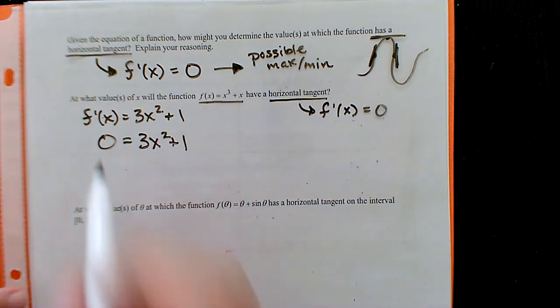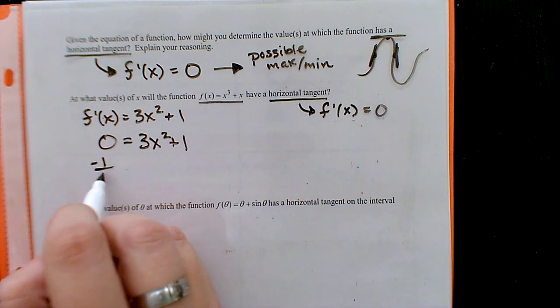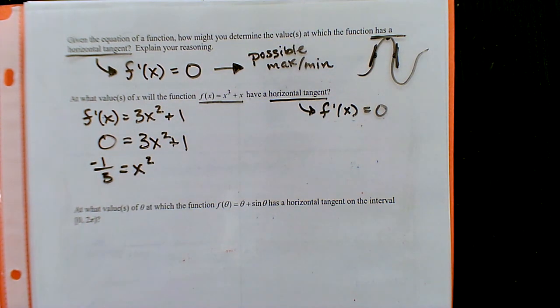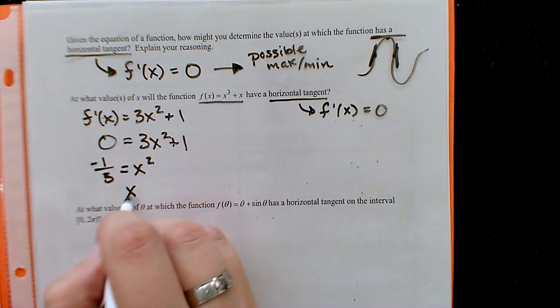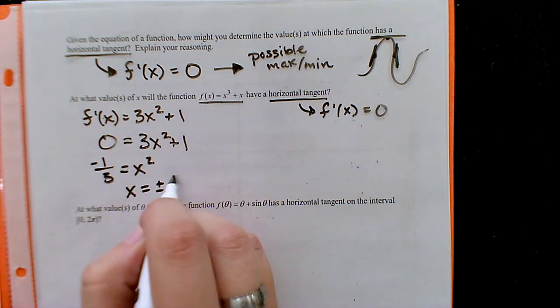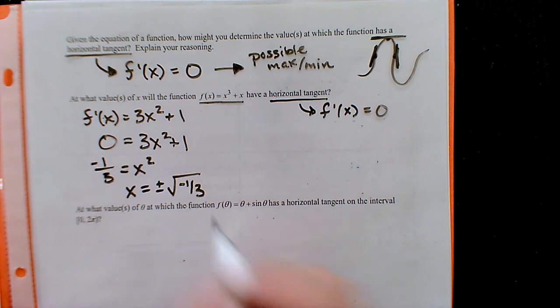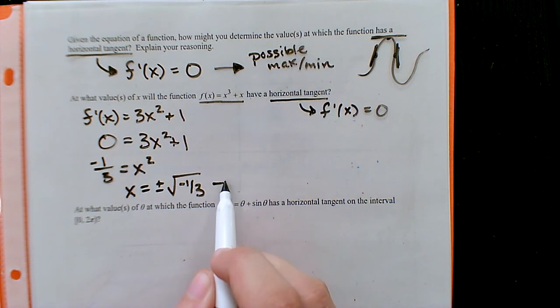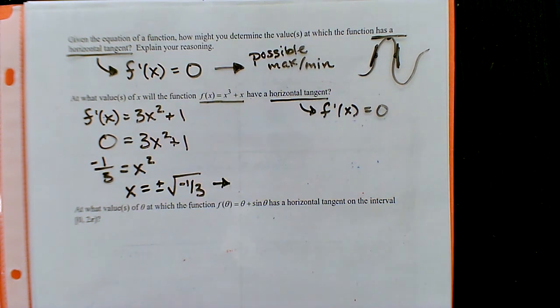Alright, so let's solve for x. We can subtract 1 and divide by 3. Square root both sides, so it'd be plus or minus the square root of negative 1/3. What do you think that's telling you?